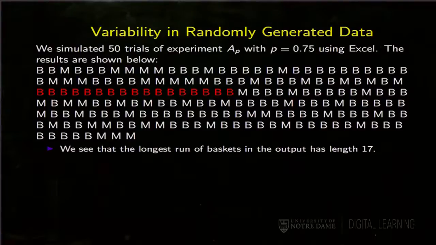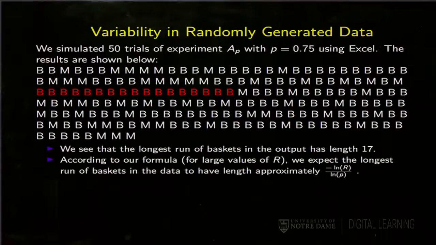Now, we would expect longer runs of baskets in this data than, say, the runs of heads that we might get if we flipped a coin, because the probability of success, or the probability of a basket, is greater than 0.5. It's 0.75 here. The question is, how does that longest run compare to what we might expect from our probability distribution calculations for AP?